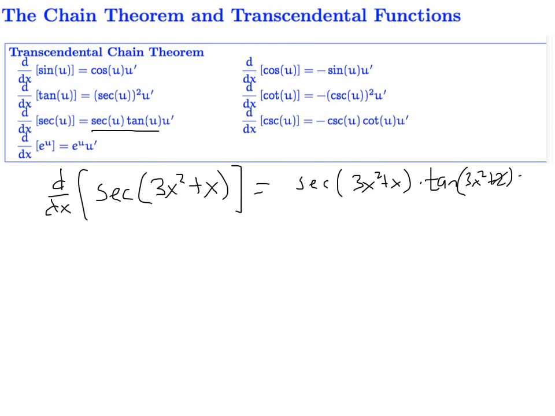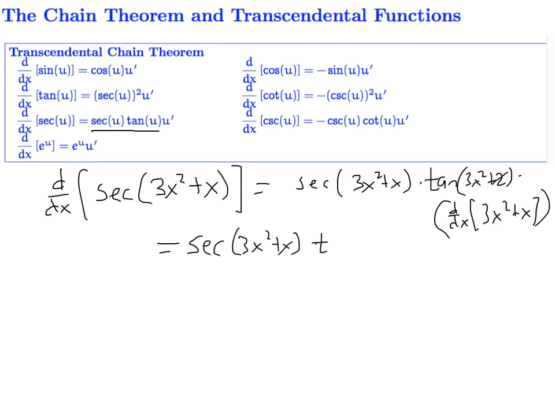And now we multiply by the derivative of 3x squared plus x. So what we have here is secant of 3x squared plus x times tangent of 3x squared plus x times the derivative, which will be 6x plus 1. And so that's our derivative. We just have to remember to keep these 2 special parts here.